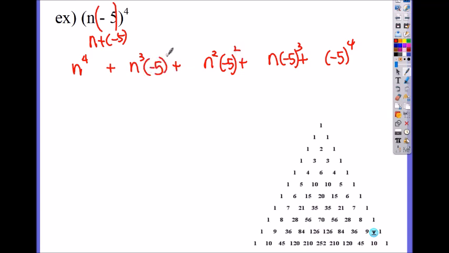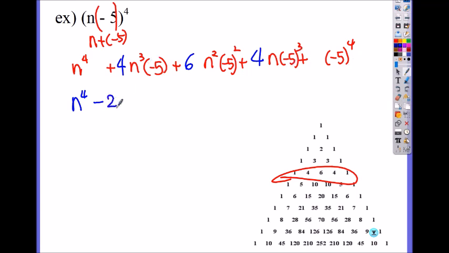And for the fourth power, what's the coefficient? It's 1, 4, 6, 4, 1. So I get n to the fourth power plus. So negative 5, see, you should not write plus automatically now, because with a negative term, it's going to alternate. When a negative is raised to an even power it becomes positive, but if it's odd, it's negative, positive, odd, raised to an odd power, it's negative, and again positive.